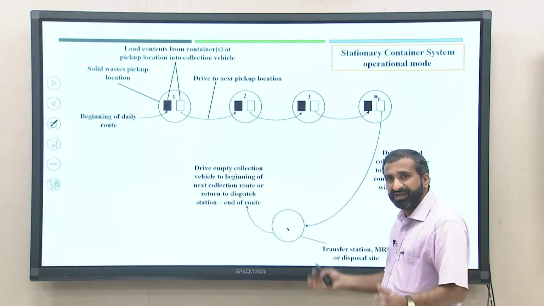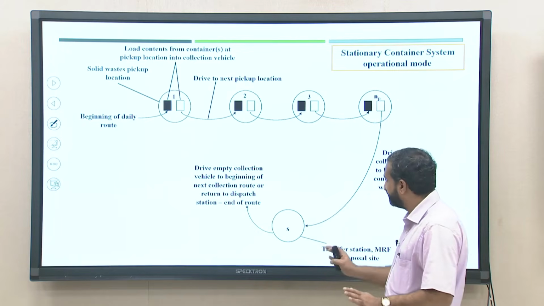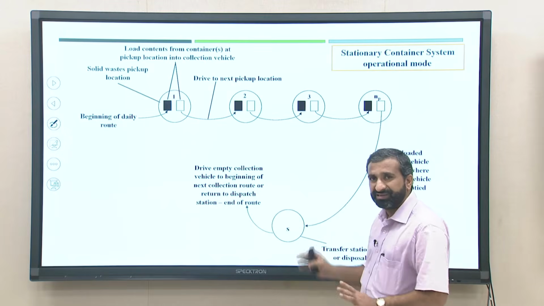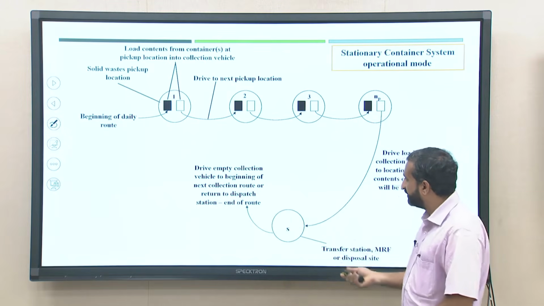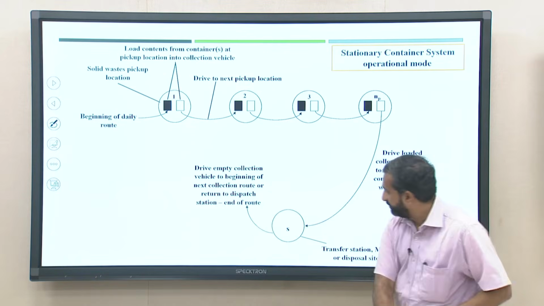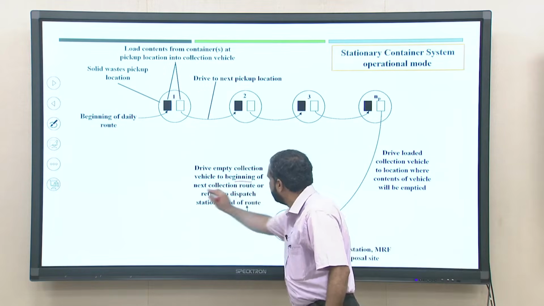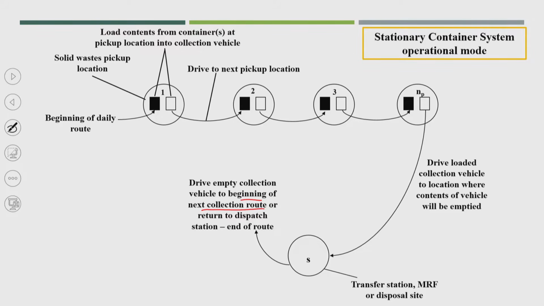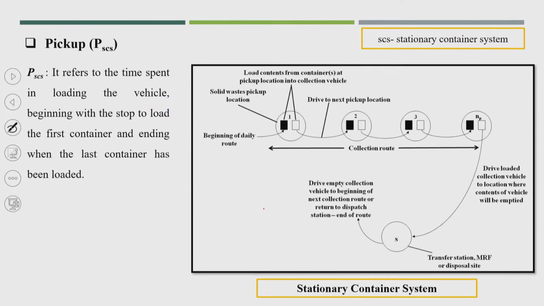If the time is over 8 hours, it goes to the dispatch center; otherwise it begins the next collection route. This is the collection route for one trip.